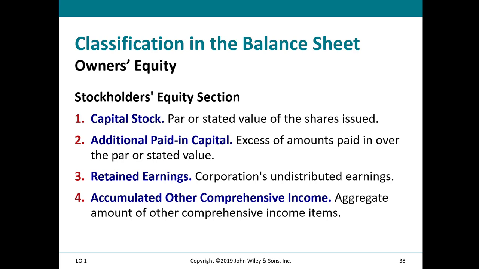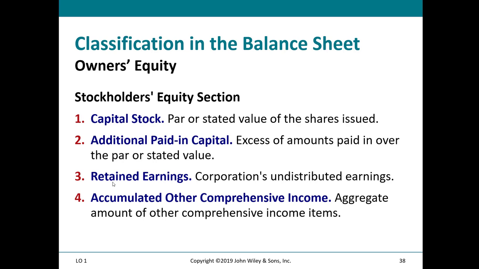But if you have a corporation, it is required that the corporation keep separate earned capital and invested capital. So the first 2 accounts that we see here, capital stock and additional paid-in capital, those 2 together represent the total money that investors have invested in the corporation by buying common stock. We'll learn more about those 2 accounts in Intermediate 2.